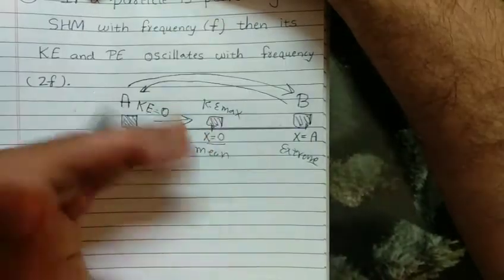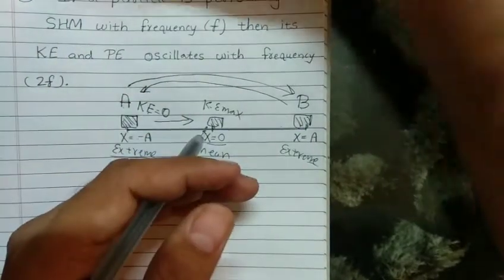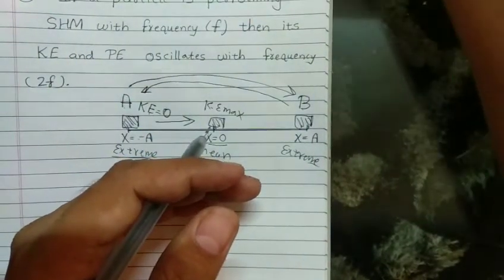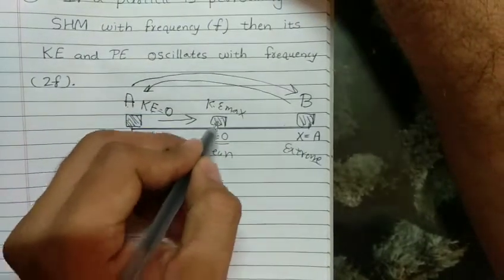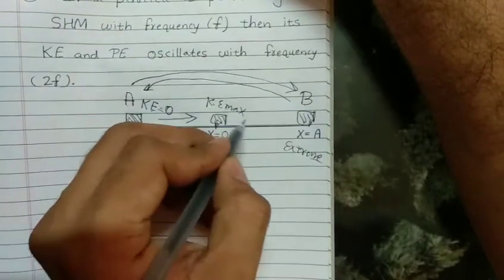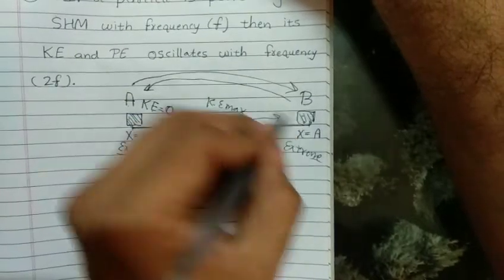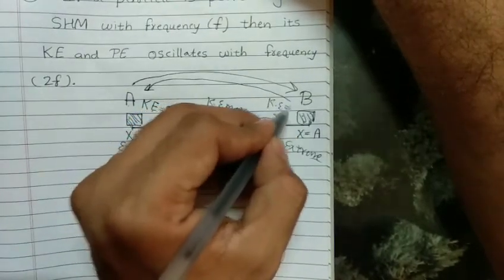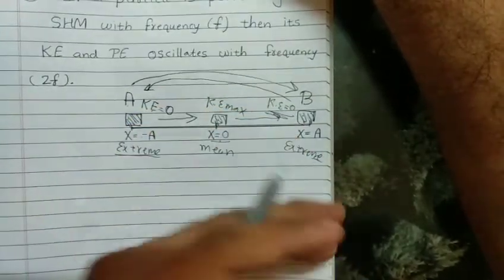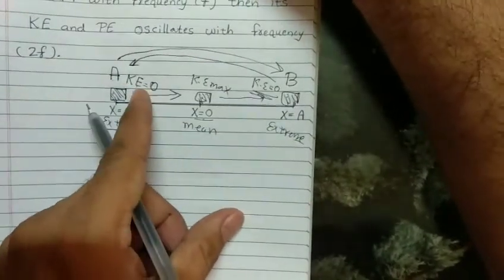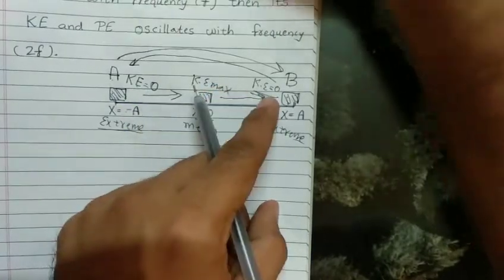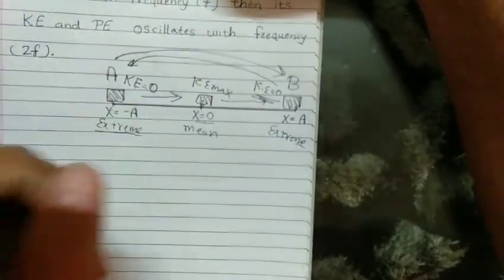The kinetic energy never goes negative in this chapter, and even potential energy never goes negative in this chapter. So at x equal to 0, kinetic energy becomes maximum. Then when it reaches point B, the kinetic energy again becomes 0, right? Because B is also an extreme position. So if you observe, kinetic energy is changing from 0 to max and then max to 0, but it is not going negative.